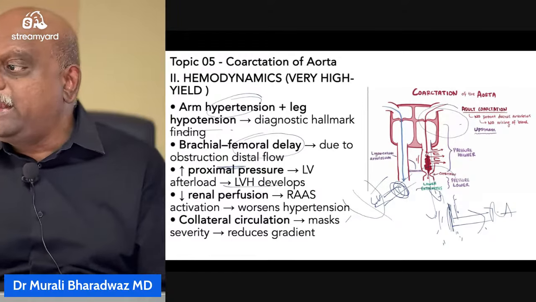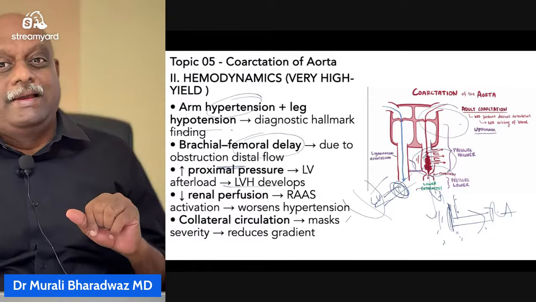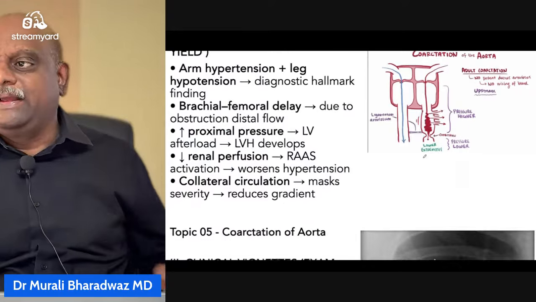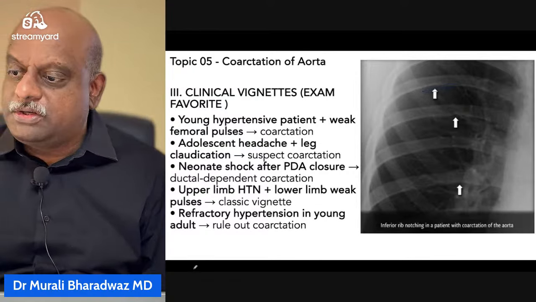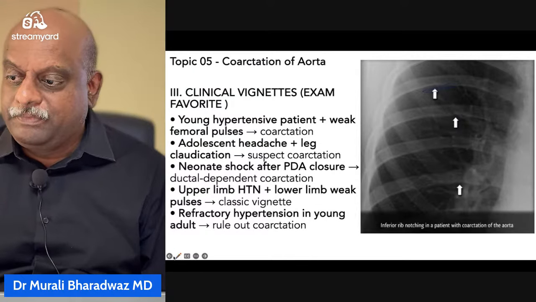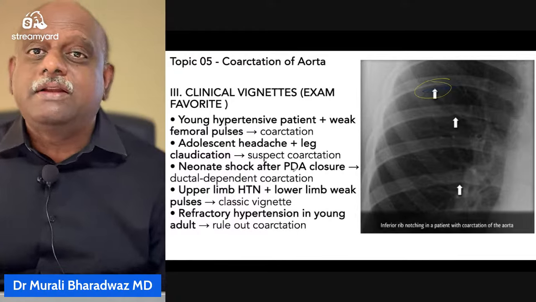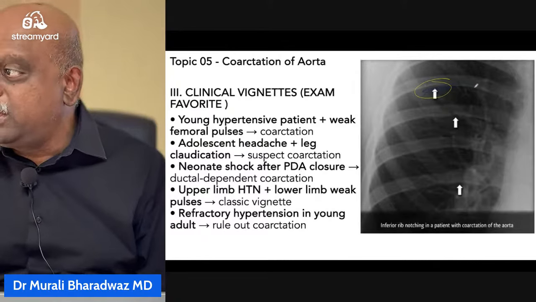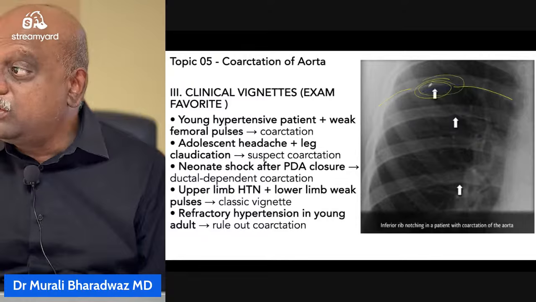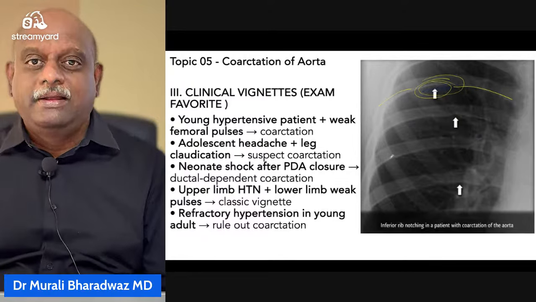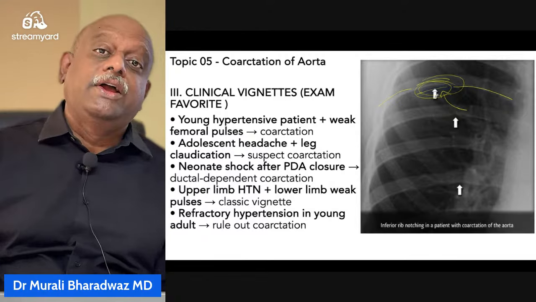There will be a lot of collaterals to bypass this coarctation, and all these collaterals typically pass with the intercostal vessels, which are passing along the lower border of the rib, that lead to erosion of the lower border of the rib. This erosion is typically seen in case of coarctation of aorta.